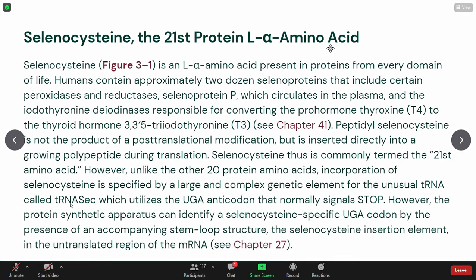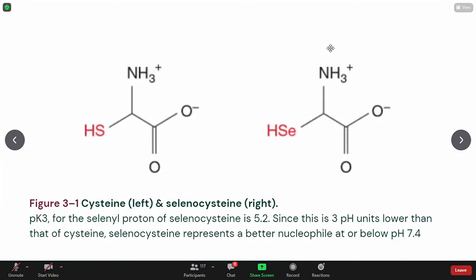Now this one is tRNA. Okay, this is ordinary cysteine. And this is selenocysteine with a selenium, a metal selenium. Quite important. One function of your selenium is needed in the reduction of oxidized glutathione.